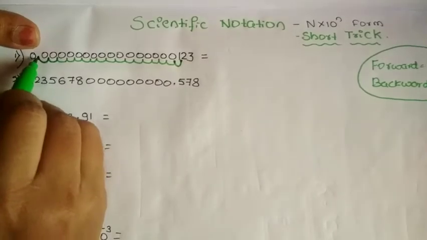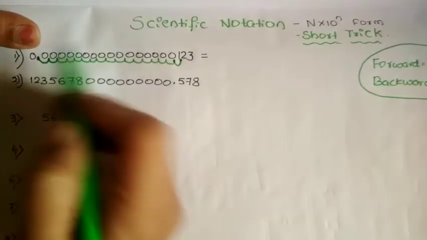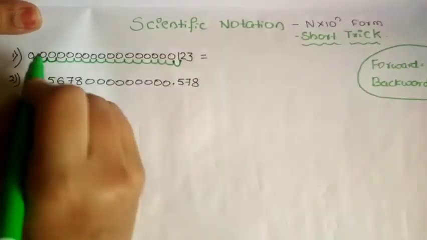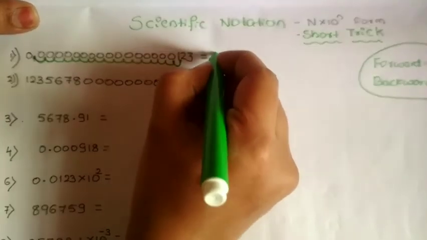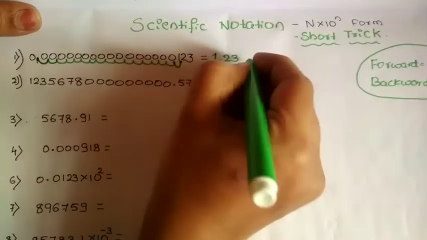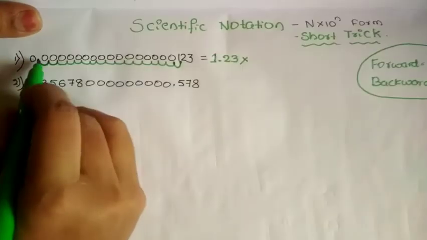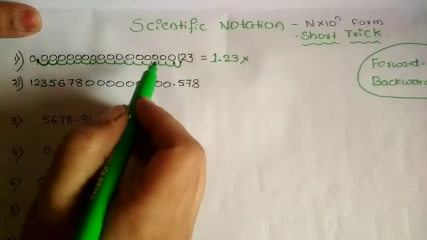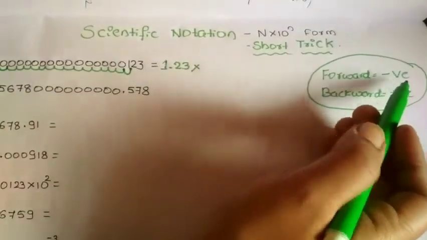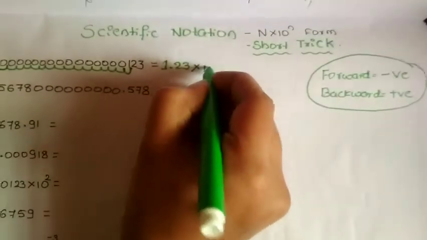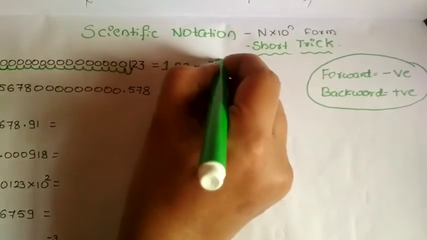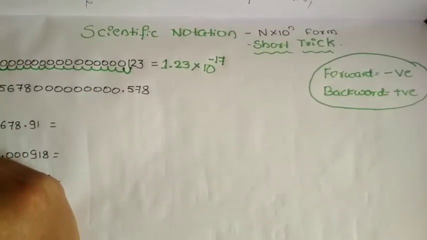I have shifted this decimal point 17 digits forward. So now I write 1.23 into 10 to the power of, since it moved forward, the power will be negative, that is minus 17.